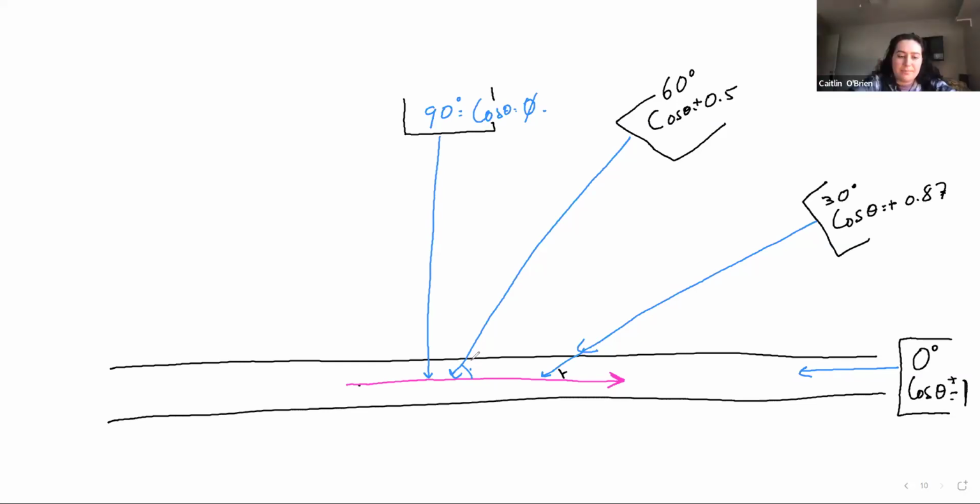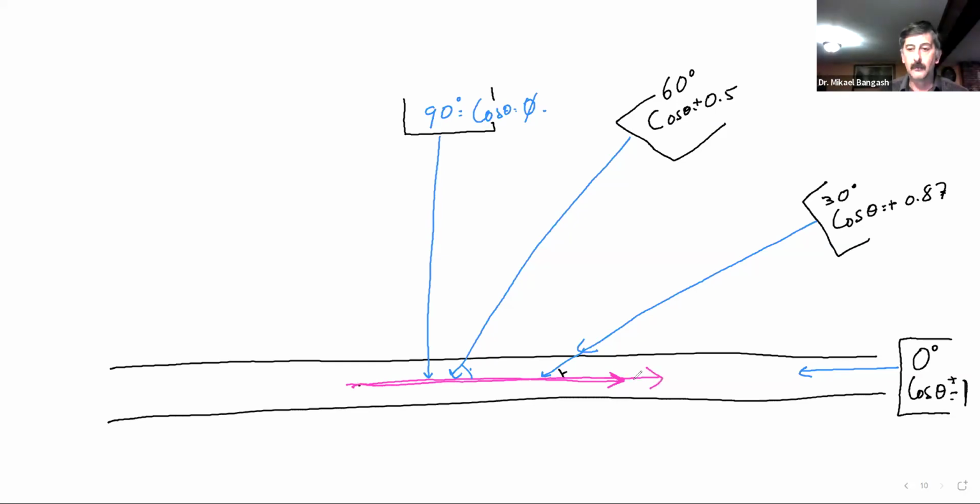Now, in this instance, the blood was flowing in this direction.